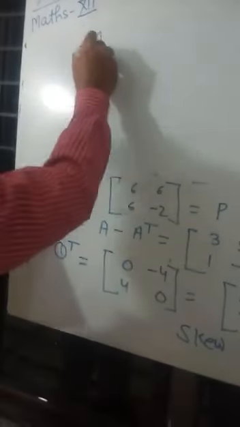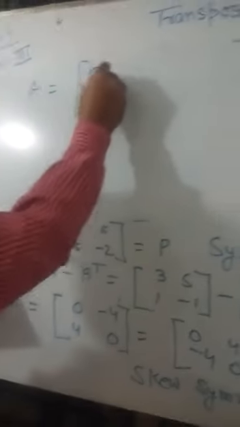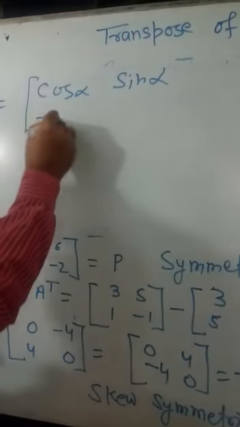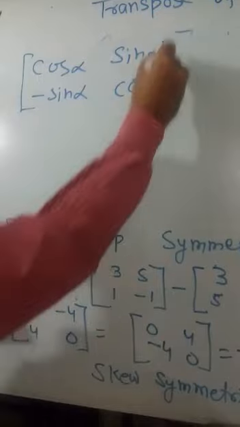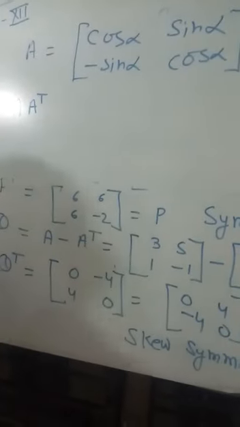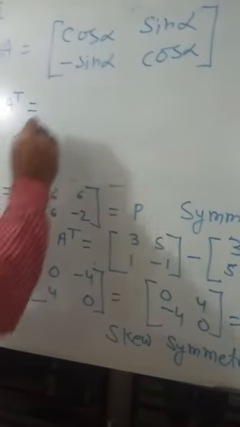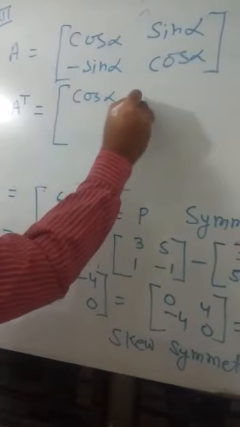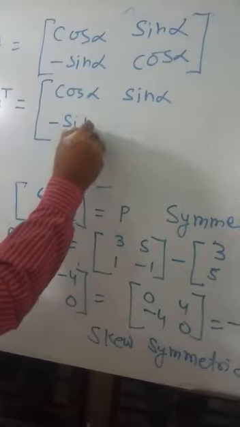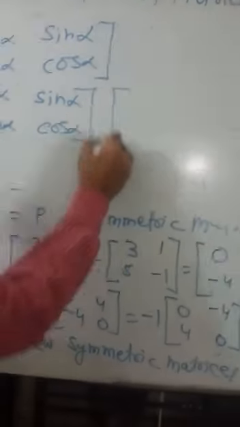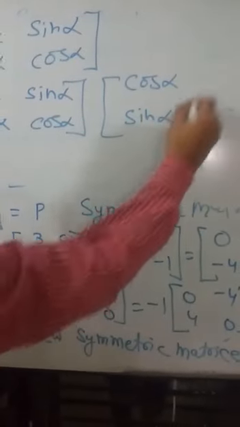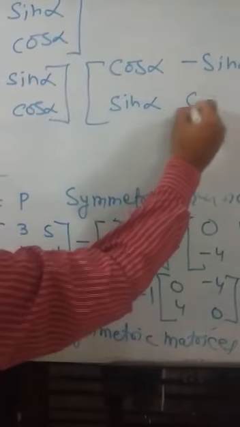Now, one more example of the properties. A is the matrix cos alpha, sin alpha, minus sin alpha, cos alpha.